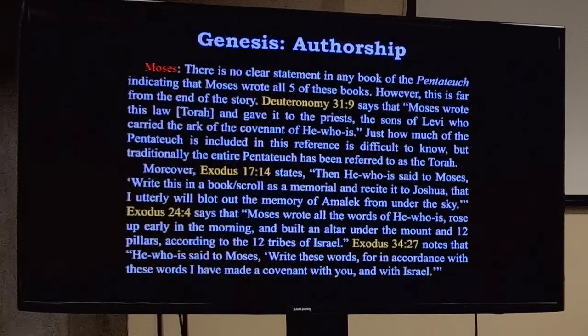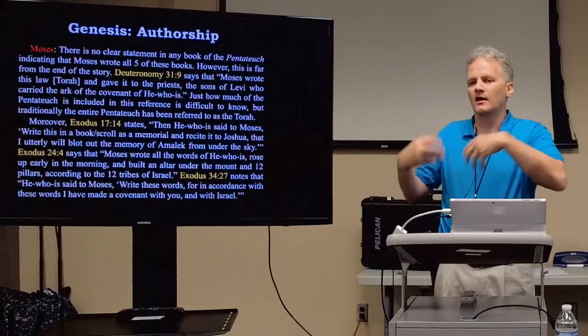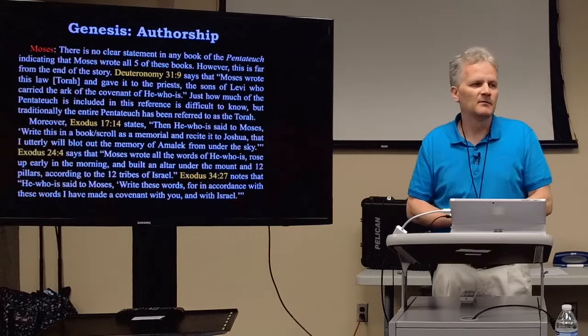And so such scrolls with these kinds of writings would be kept, maintained, and later added into the narrative, to the story at the right point, as the writings that go into the Pentateuch and the book of Genesis are assembled. And then there are other verses such as Exodus 24:4, Exodus 34:27, etc., that also attest within the Pentateuch itself and give us reason to believe that Moses was the author.